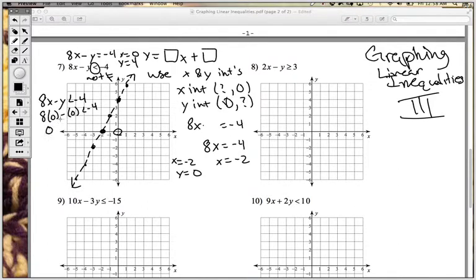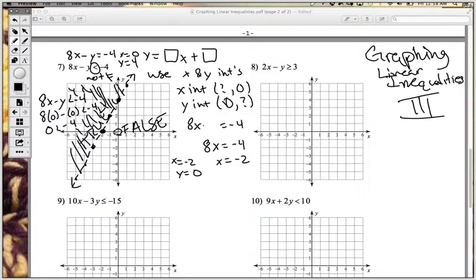I'll have 0 minus 0 is just 0, so 0 is less than negative 4. That is not true, because the negative is going to be below 0. So (0, 0) is false. That means the other side of the line is true. So I'm going to shade that. There we go.